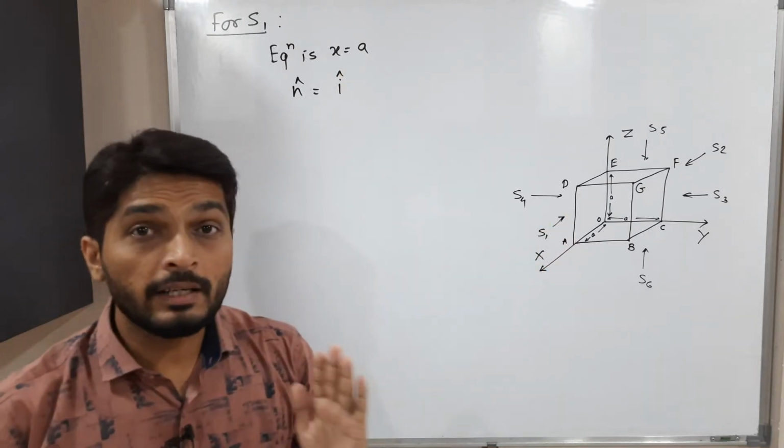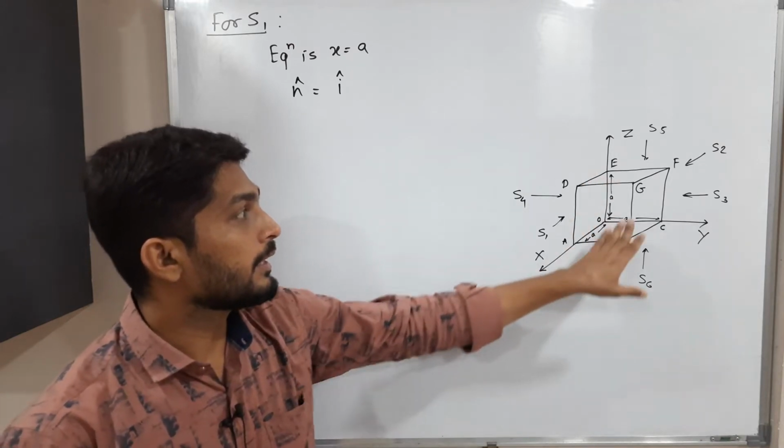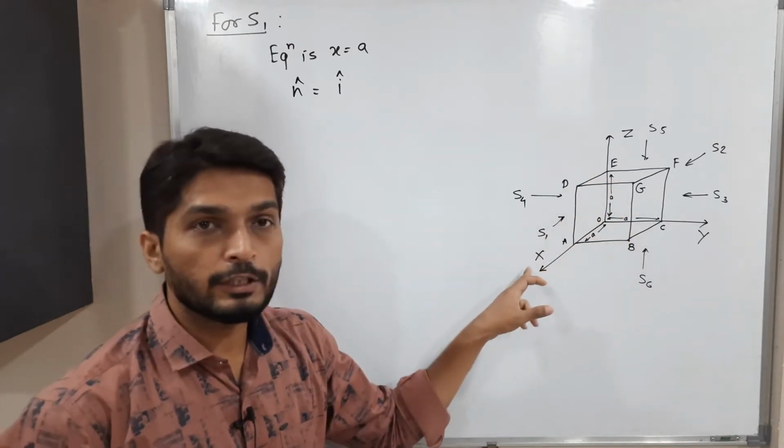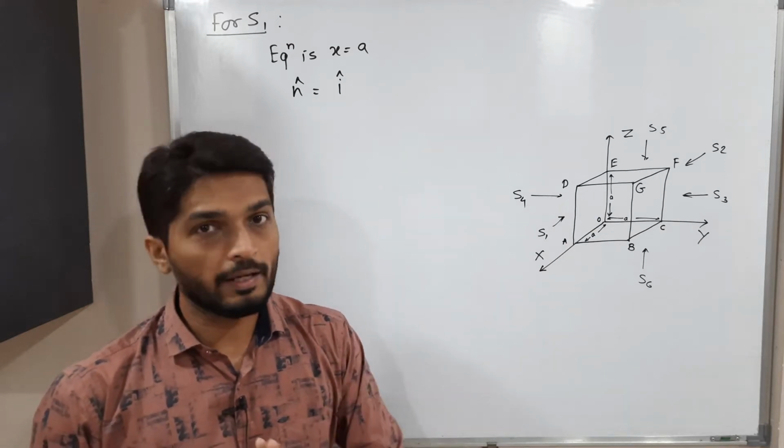You can easily see the x-axis is perpendicular, normal to this S1 plane. The unit vector in the direction of the x-axis is I. So that's why n cap will be I cap, right?